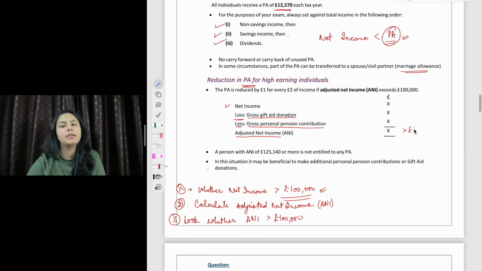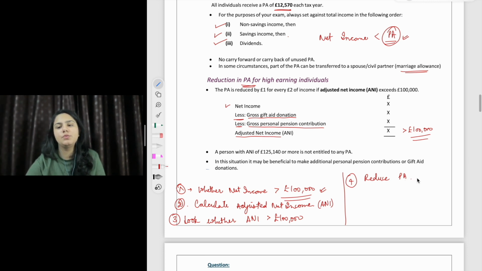If my ANI is greater than 100,000 pounds, then my personal allowance will be reduced by 50% of the ANI excess above 100,000 pounds.